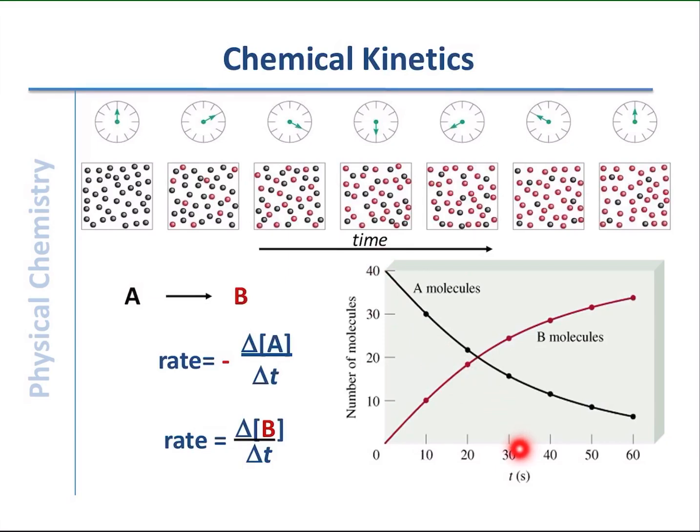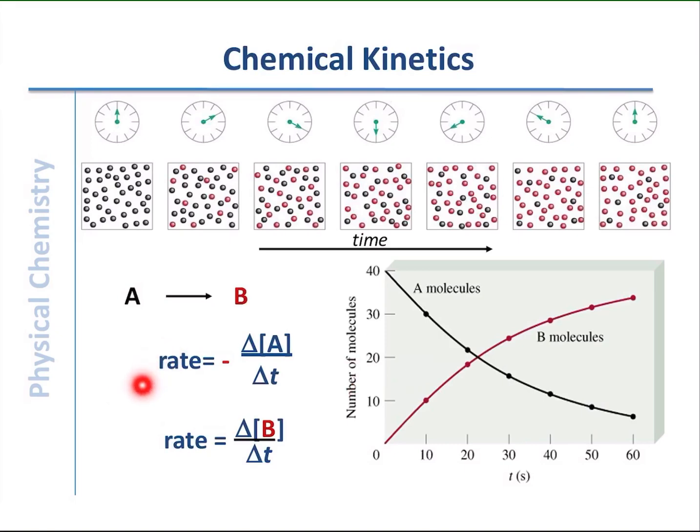We can find this in this graph. At zero time, the concentration of the reactant is very high and begins to decline, whereas the concentration of the product B at zero time is 0 and begins to increase with time.